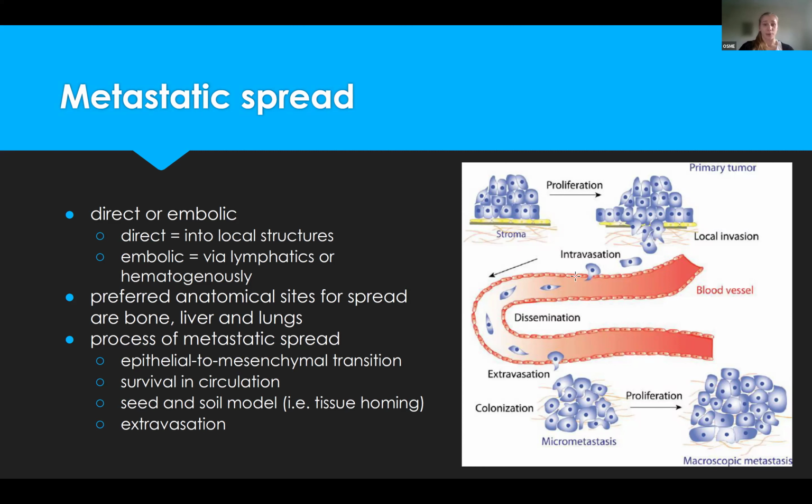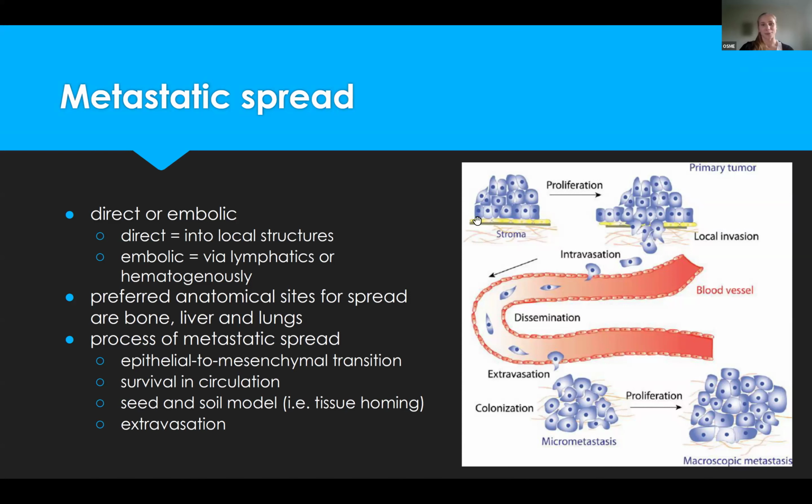It's relatively interesting. We currently have relatively little information about what predefines the tissues where tumors are able to home. It seems to be related to a large extent to some of the molecules on the endothelium, such as some integrins, etc. But it's surprisingly poorly understood why, for example, some tumors are much more likely to metastasize in the liver, some much more in the brain, and that sort of thing.